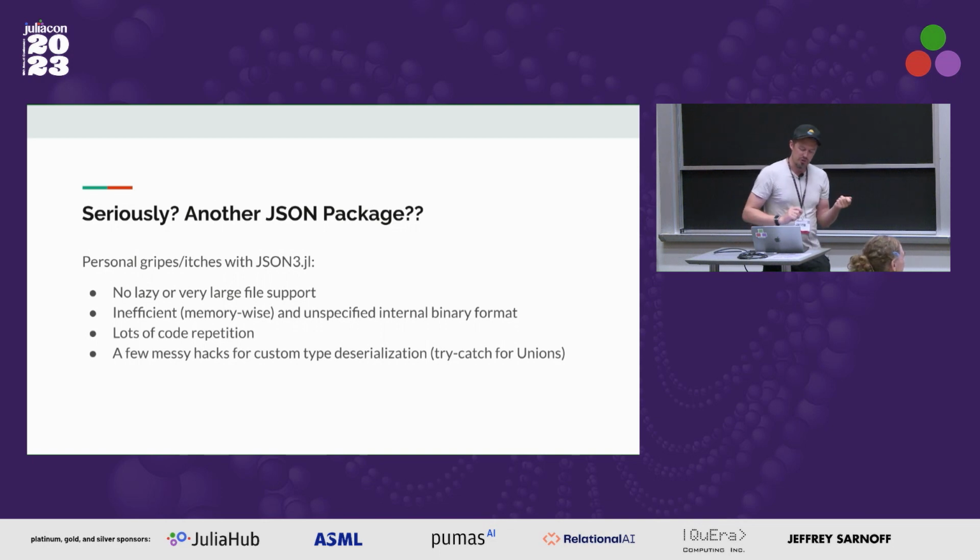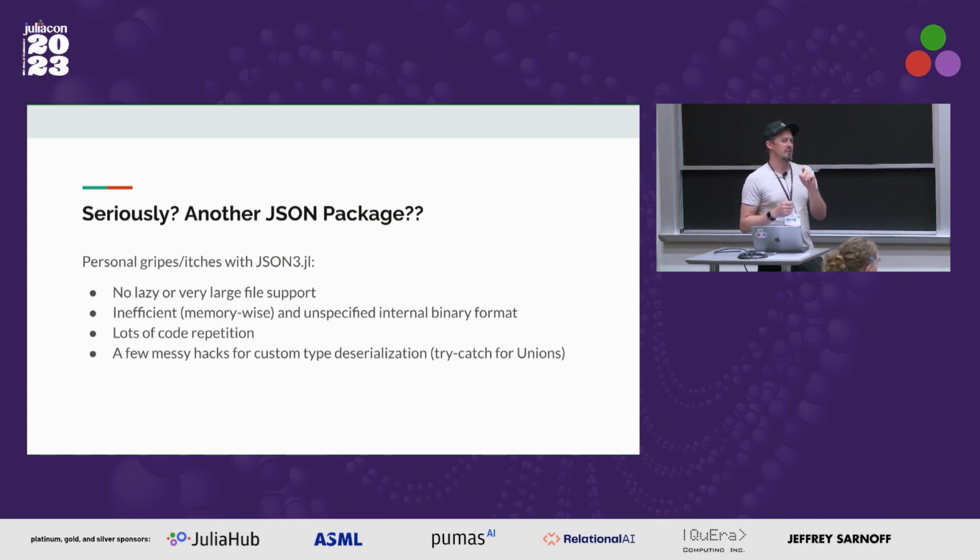And then JSON3 has support for custom type deserialization through struct types, and it works pretty well. But if you peek under the hood at some of the implementation, there are some weird parts, particularly when you're dealing with unions or abstract types.